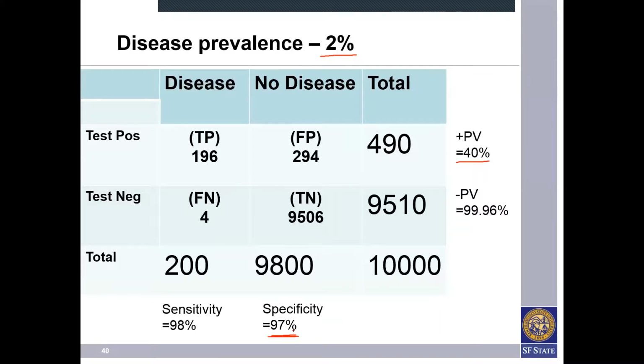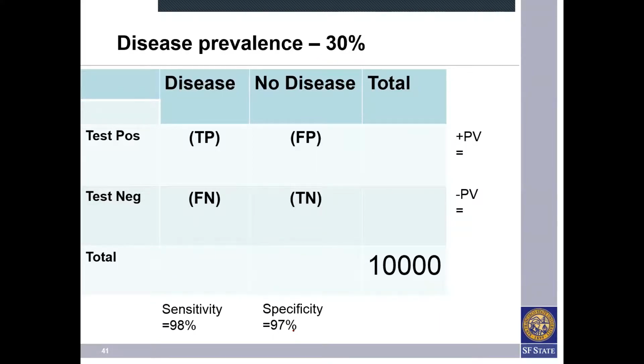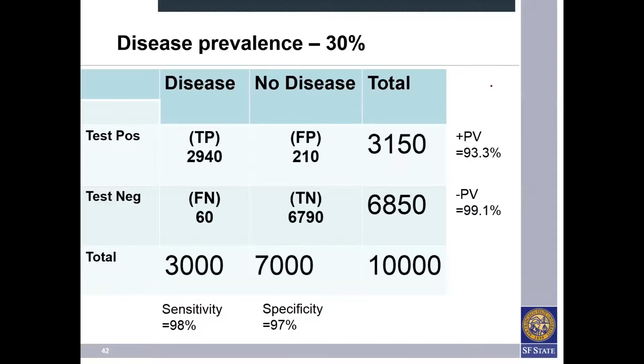But let's change the math up a little bit. Let's say now the disease has a prevalence of 30%. Let's do all the same calculations. 3,000 sick, 7,000 healthy, means we've got 2,940 true positives, 210 false positives.